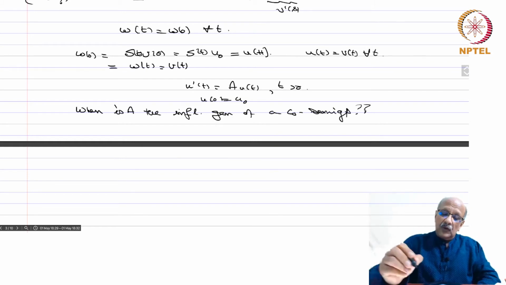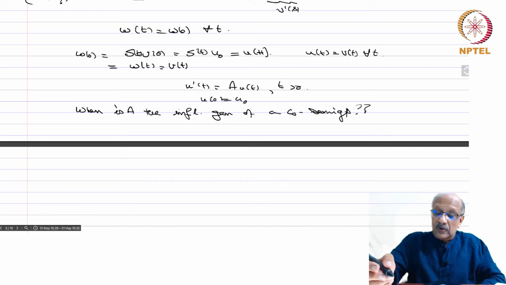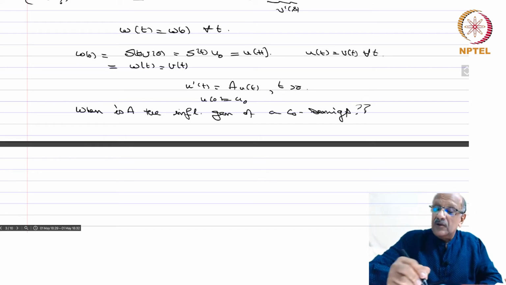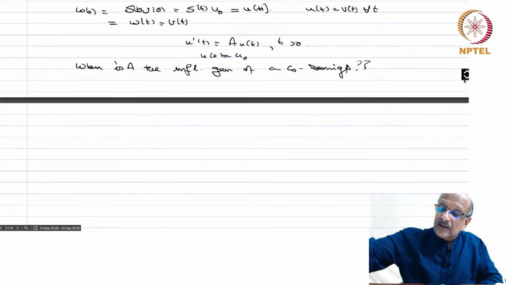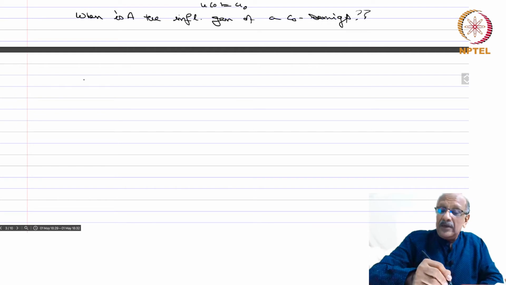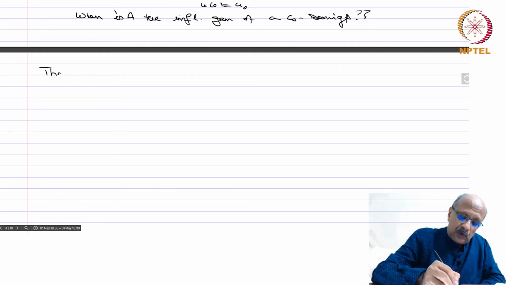If we know that A is the infinitesimal generator, then we can write down the solution explicitly at least when u0 is in the domain of A, and then we can write down a generalized solution if u0 is not in the domain of A, and therefore we can solve this problem in some way or the other. Therefore, we have to know when A is the infinitesimal generator. So, we would like to give necessary and sufficient conditions for an unbounded operator to be the infinitesimal generator of a C0 semigroup. So, we will work towards that.